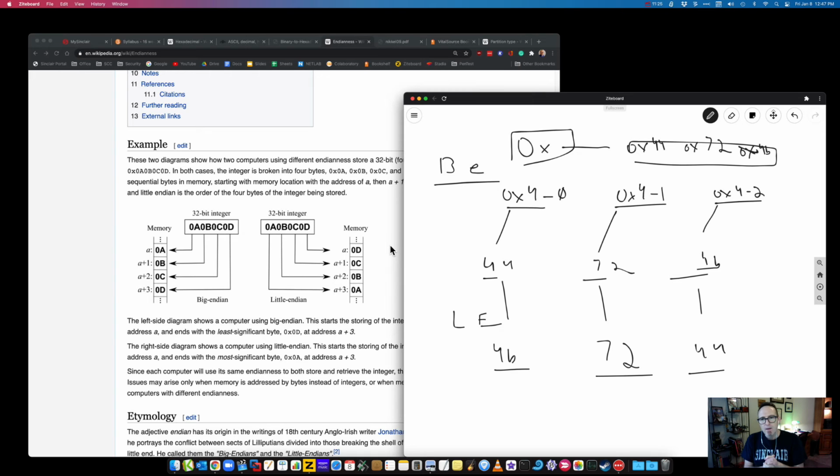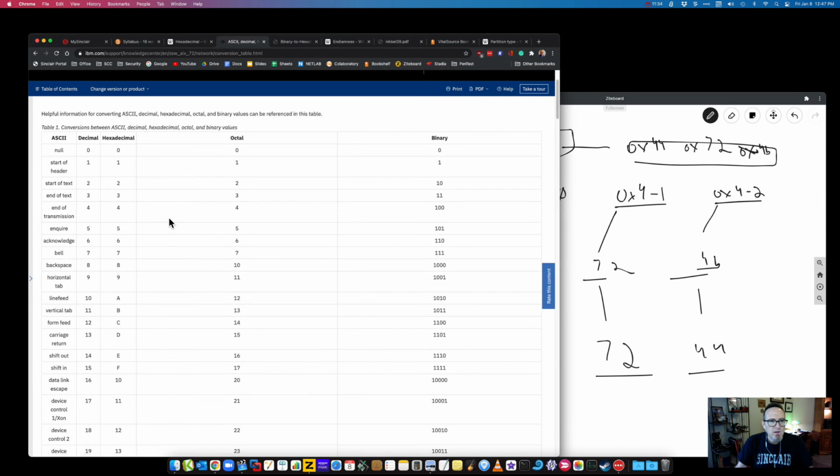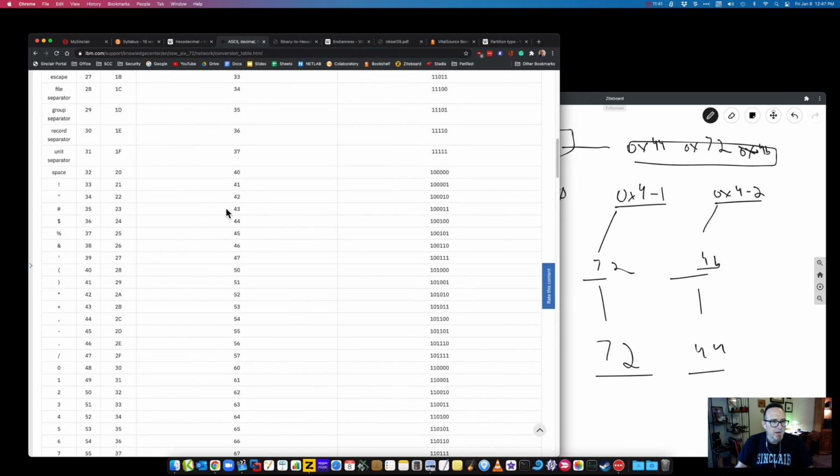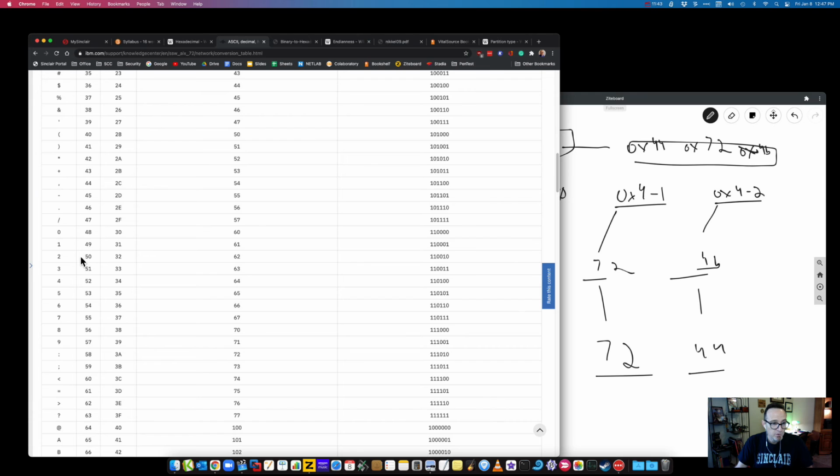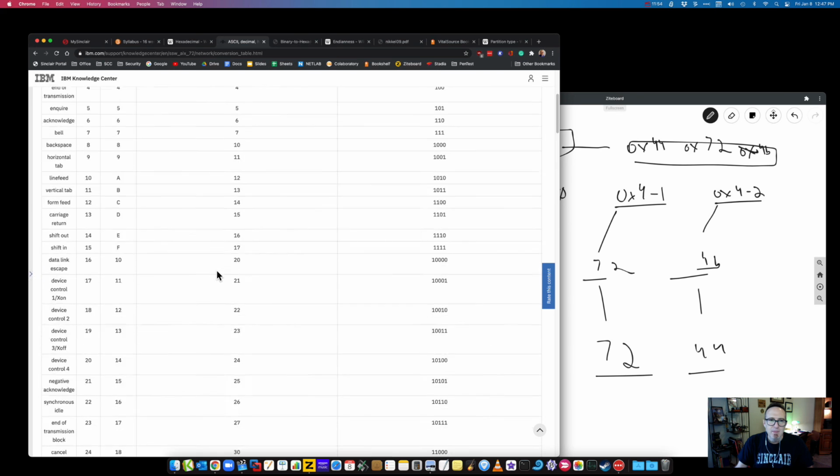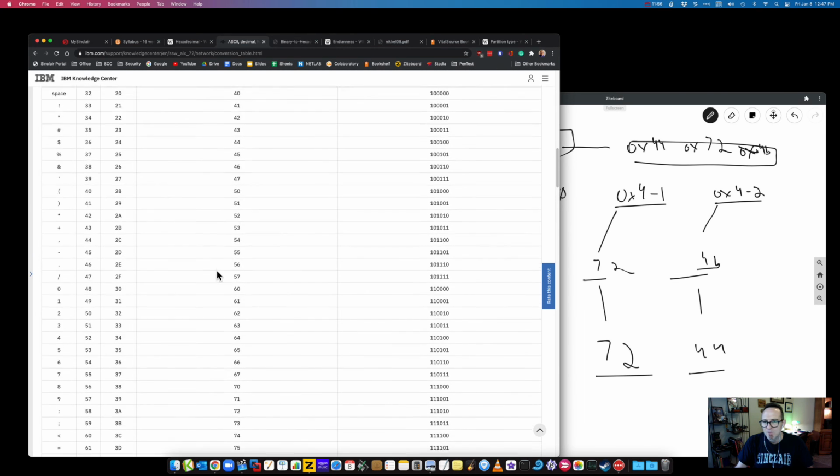Again, I definitely encourage you to look at hexadecimal, decimal, and ASCII, and you can see it in these tables. A null, of course, is 0, it's 0, 0, 0, and so on. And here we have the good old number 2, which is 32 in hex, with the binary 0011 0010, and so on. This is a pretty important concept.